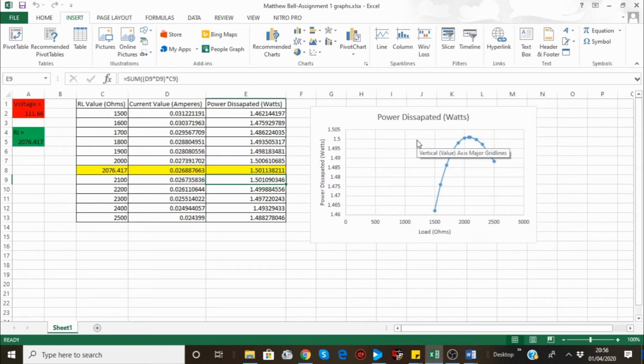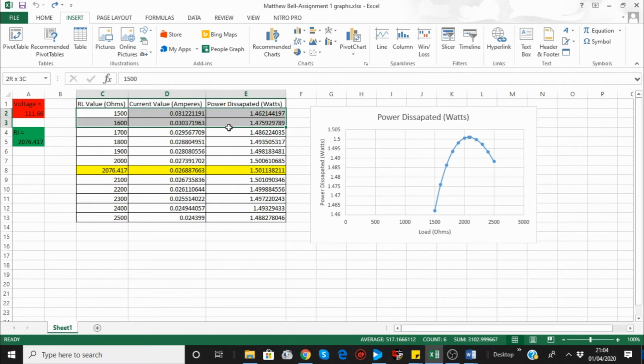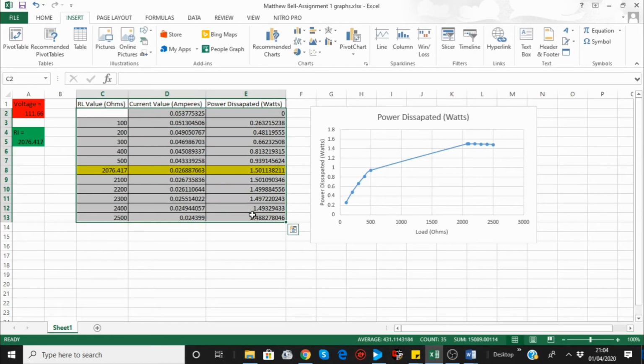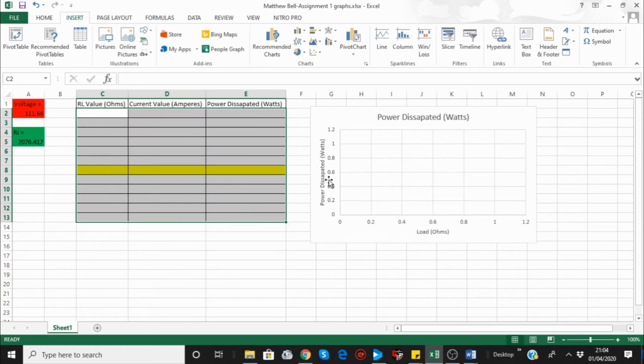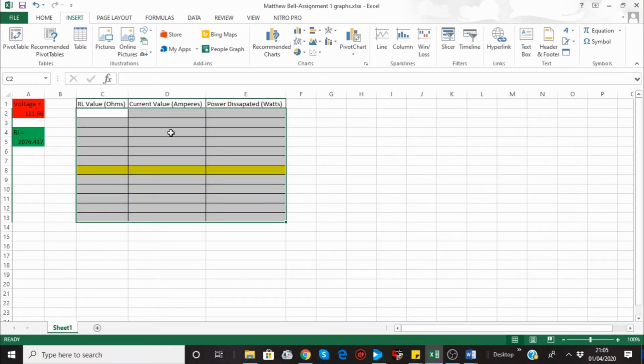Instead of just showing you this way, I'm going to delete all these, delete the curve, delete the graph, and just start fresh from the beginning.